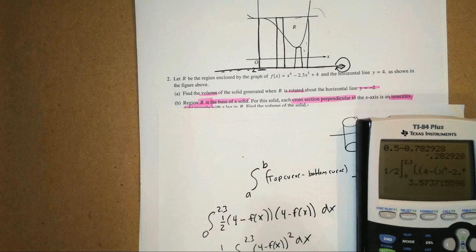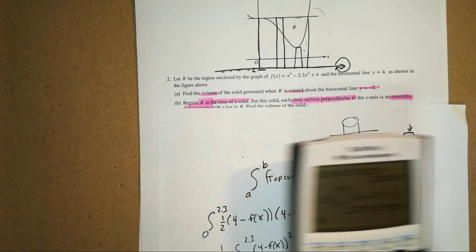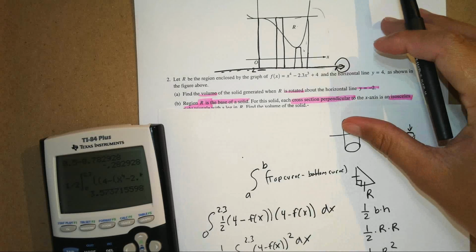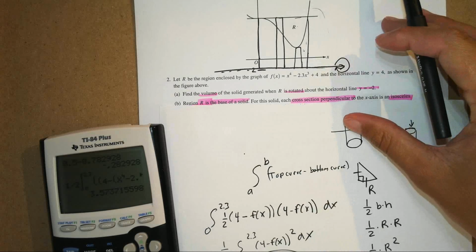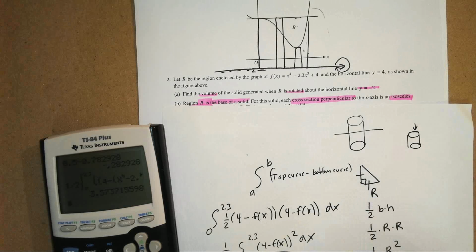So that means the volume when the cross-section is an isosceles right triangle is 3.5737. And that's your answer. So going through this one more time. When they ask you for a cross-section perpendicular to the base, all you're going to do is find the region R, the base, which they gave to you.